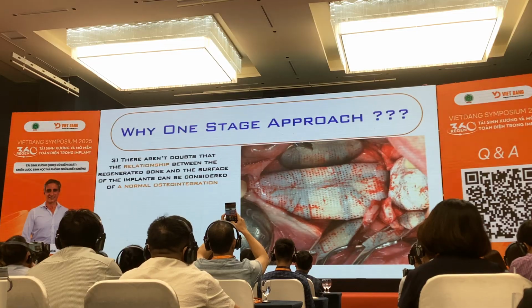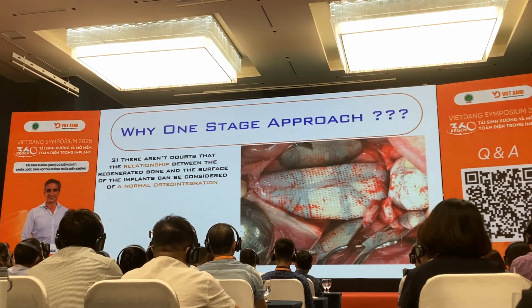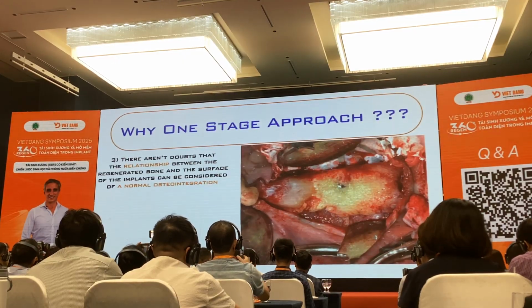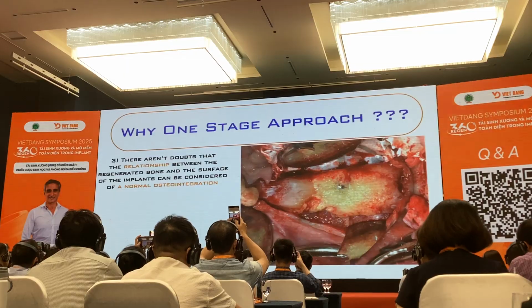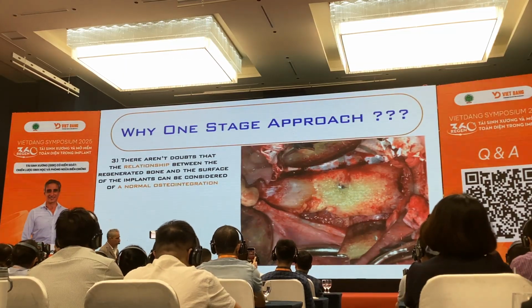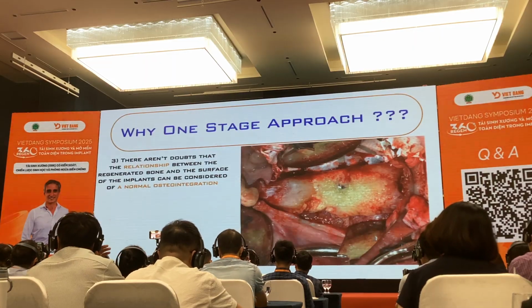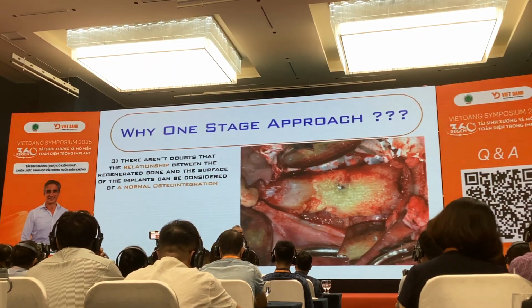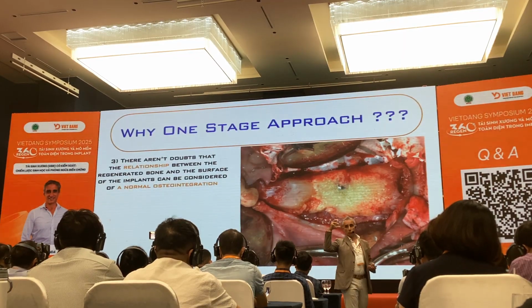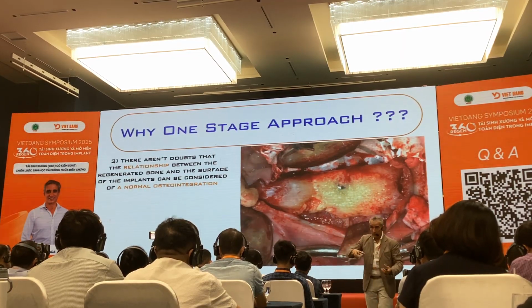I uncover the membrane with a full thickness flap approach and remove the membrane. The quality of bone is not very good because the vascularization is poor. But during this stage, I remove the implant in the same place where I had to place another, larger implant.